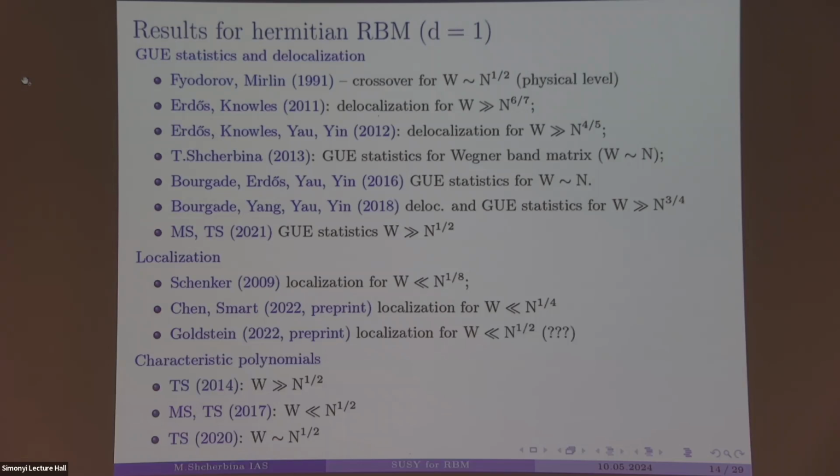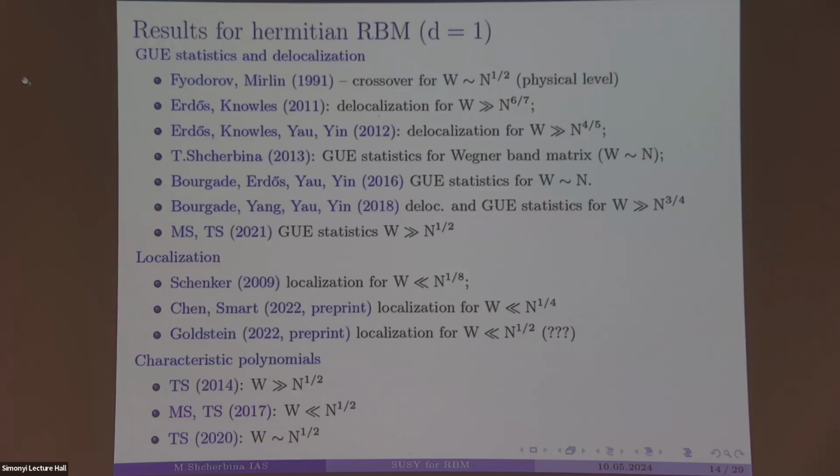That is why I think that the supersymmetric approach is so good in this situation. We were able to prove that GUE statistics holds for W bigger than n^{1/2}, and from the delocalization side this is in some sense a final theory.